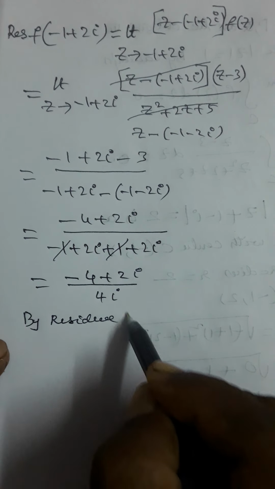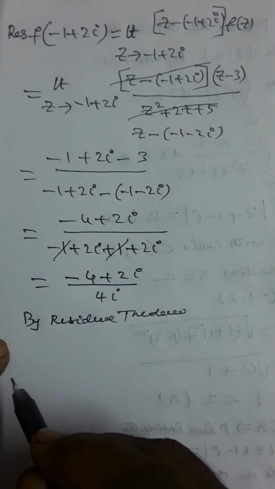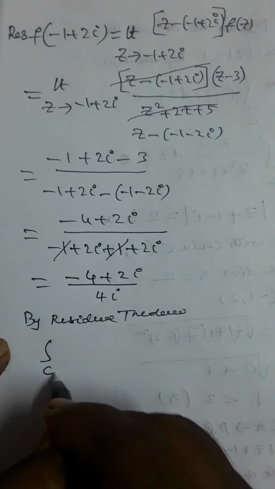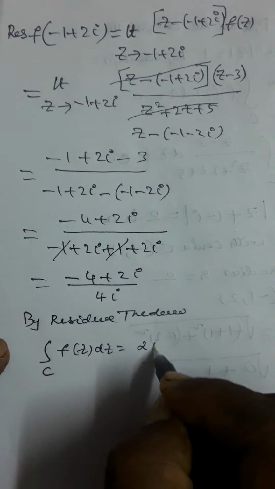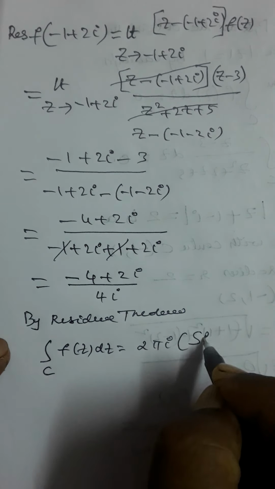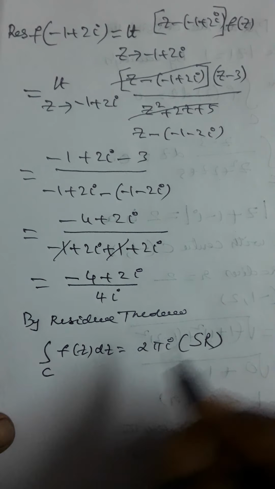By residue theorem, integral over C of f of z dz is equal to 2 pi into SR, the sum of the residues.